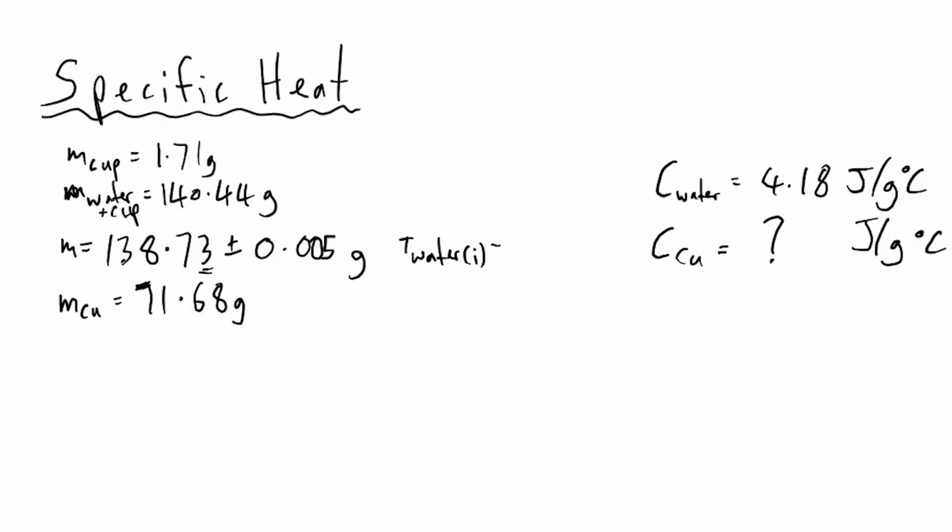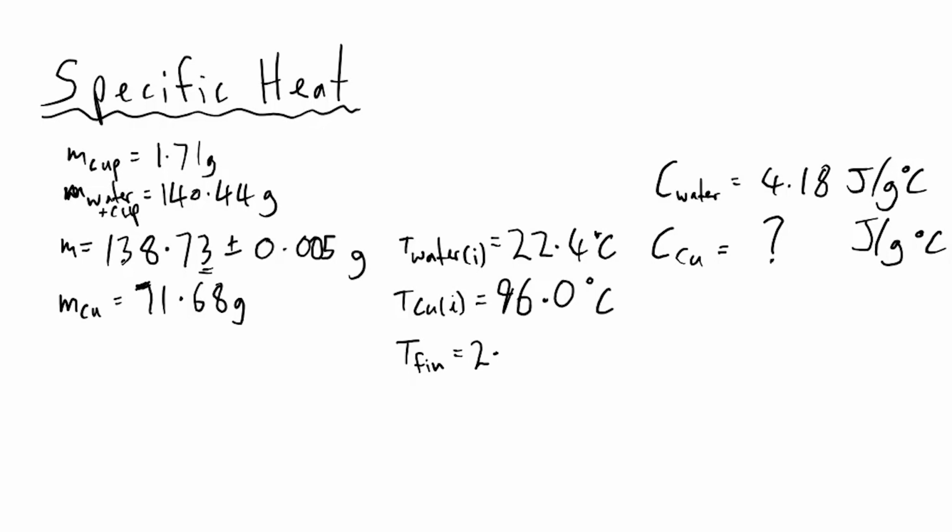The original temperature of the water that we got from the tap was 22.4 degrees C. The original temperature of the copper was 96.0 degrees C. Remember, it was suspended in boiling water, so 96.0 degrees C. And the final temperature, when they'd come to equilibrium, was 25.6 degrees C.